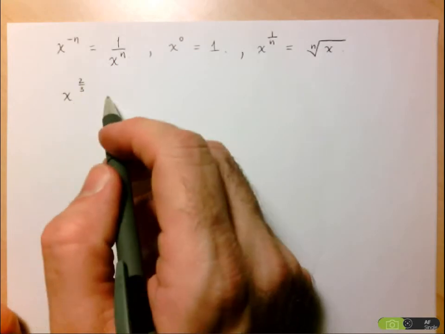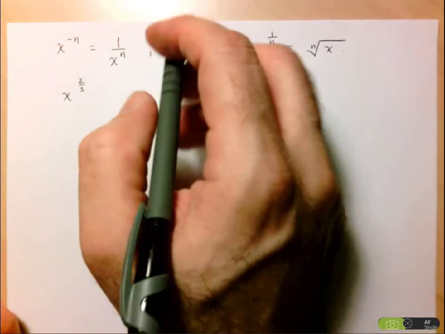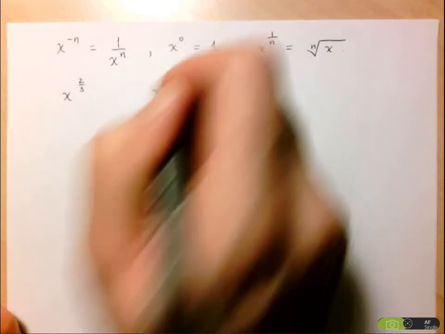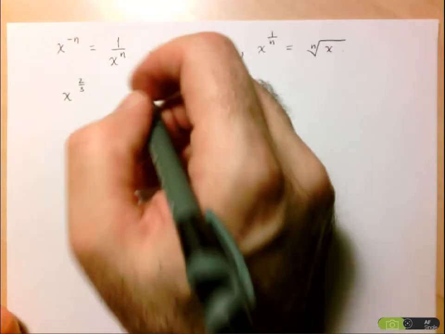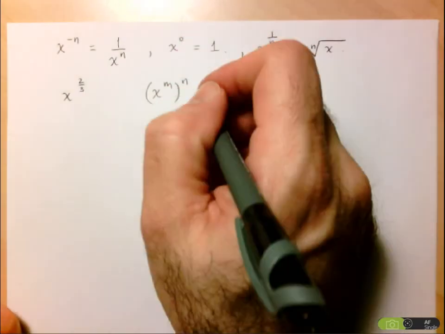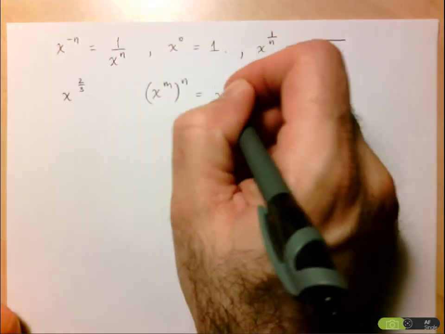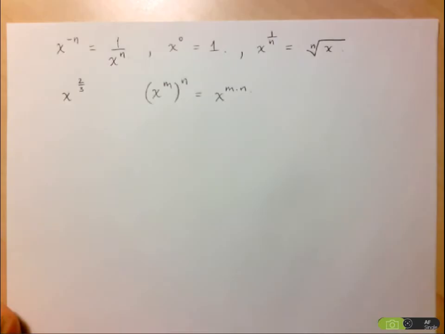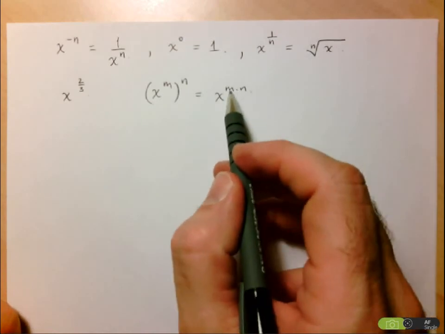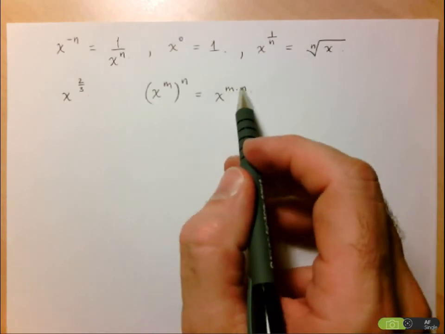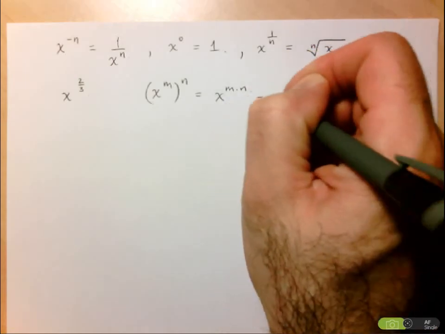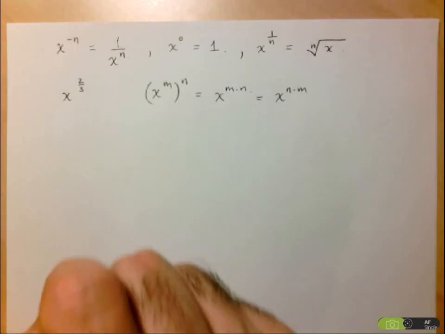So in order to do this, I'm going to remind us of one of our exponent laws. The third exponent law, the power of a power, says that if I have a power x to the m and I take it to the exponent n, this can be simplified by multiplying the exponents. Now, the other thing I want to remind us of is that multiplication is commutative, meaning the order in which we multiply doesn't matter. So this is equivalent to x to the n times m.